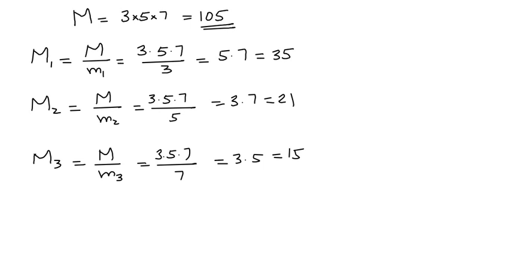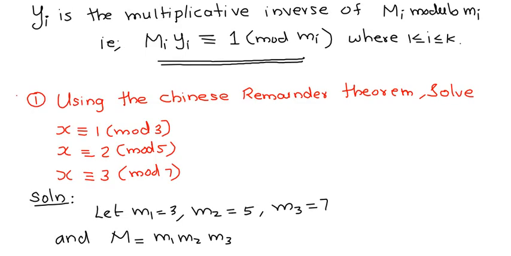To find the solution of this system, by the formula, x is congruent to a1 M1 y1 plus a2 M2 y2 plus a3 M3 y3.